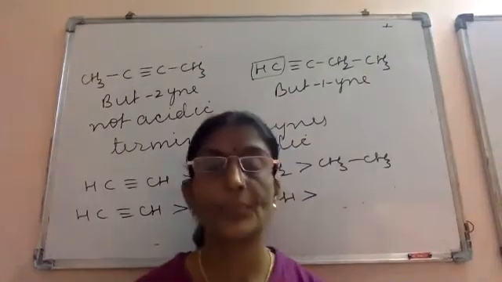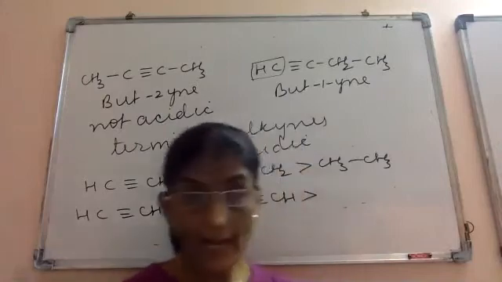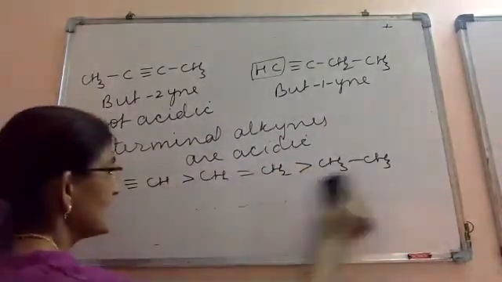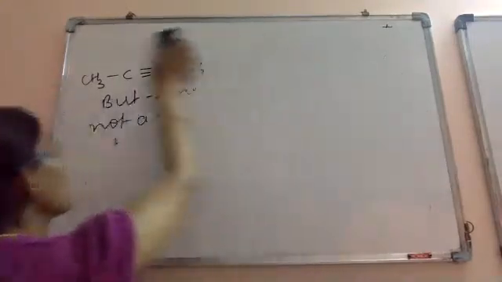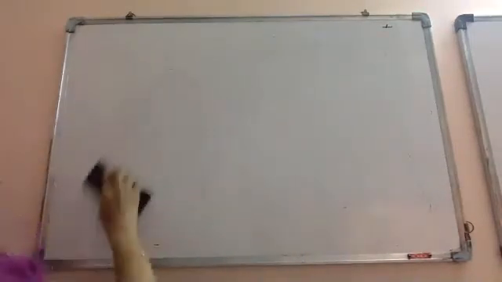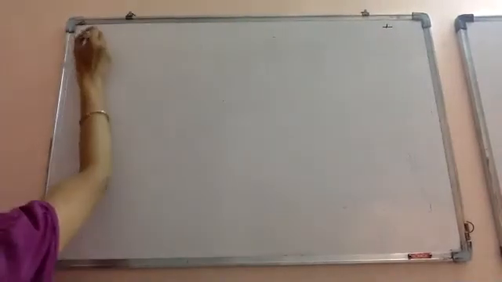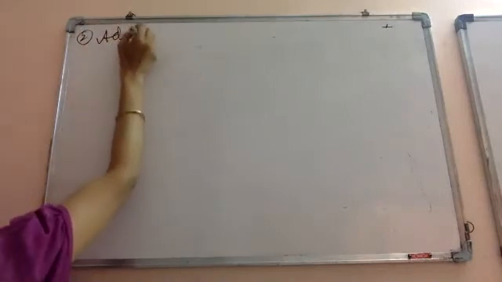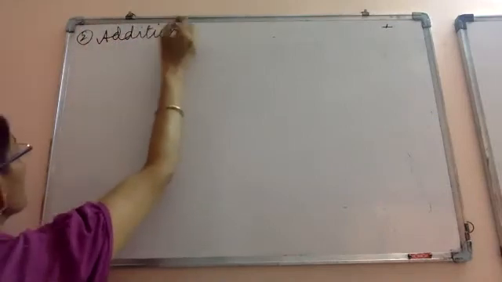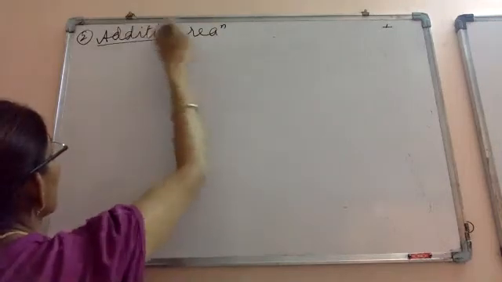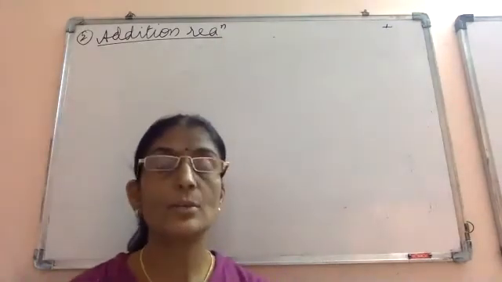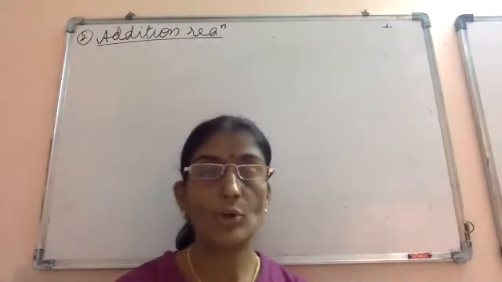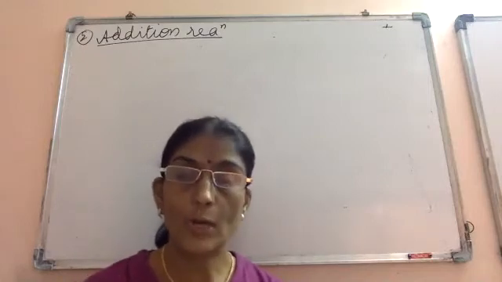Now next, alkyne gives addition reaction. Second type of reaction given by alkyne compound is एडिशन रिएक्शन। दो पाई बॉन्ड है, जैसे अल्कीन दे रहा था वैसे ये भी देंगे एडिशन रिएक्शन। 2 moles will be added because it has 2 pi bonds.